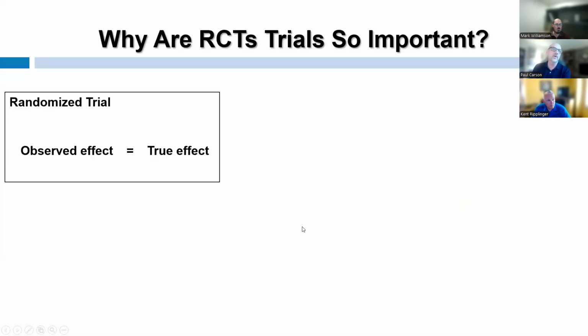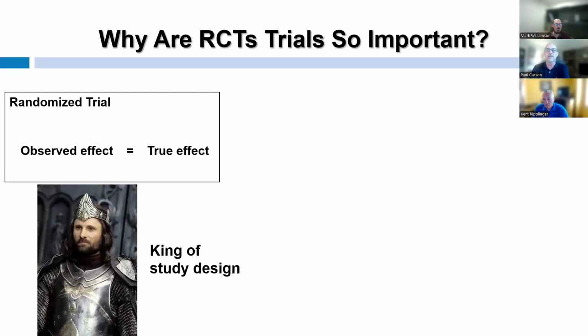So why are randomized clinical trials so important? I'm not going to spend much time on these, but the reason randomized trials are so important is that the observed effect that you see in that trial is much more likely to be reflective of the true effect. You decrease the risk of confounding and bias, and that's why it's really the king of study designs. But they're hard to do.